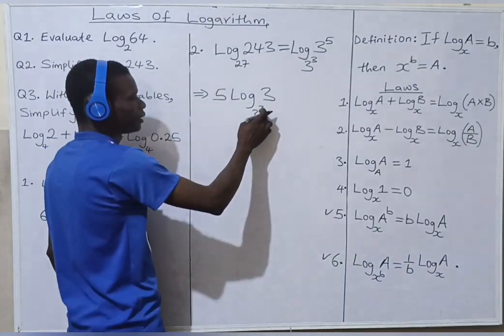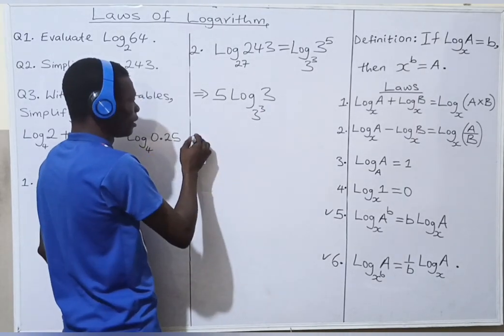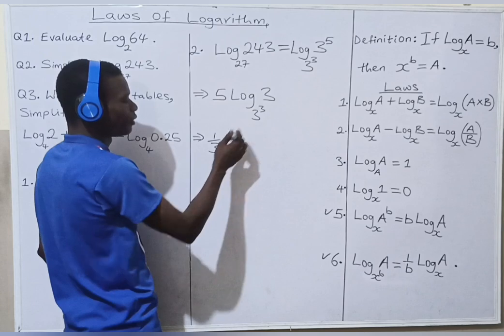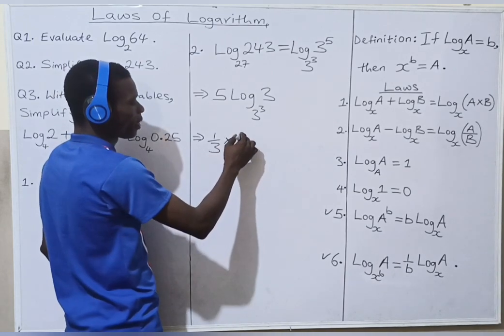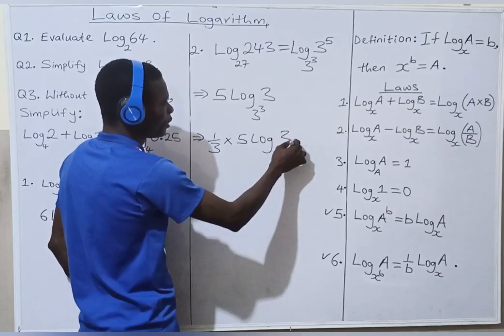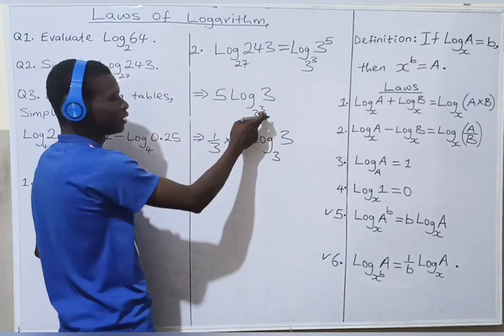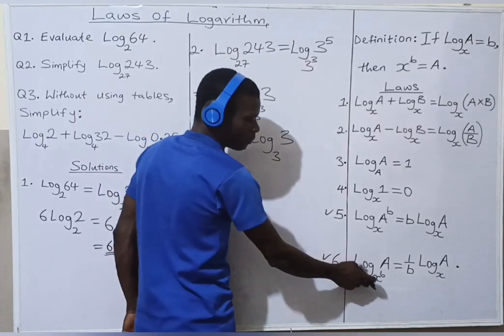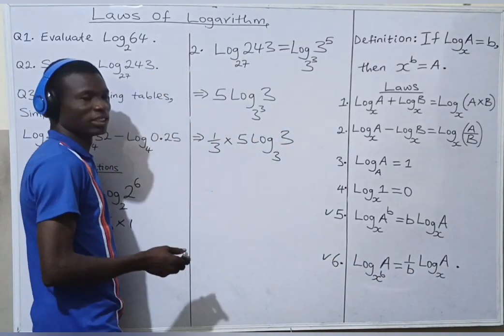So if this 3 is coming behind, it becomes 1 over 3, multiplied by 5 log 3 to base 3. It means that this power 3 has been dealt with to give us 1 over 3, going by what we have in law number 6.